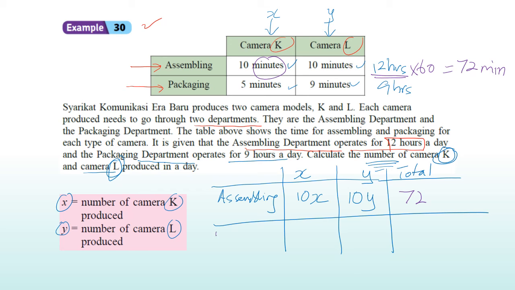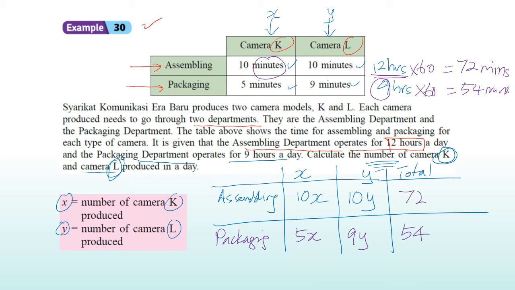And for packaging, you need 5 minutes, you times with X, and 9 minutes times with the number of camera L, that is 9Y. So the total time, once again, this is in hours, you change into minutes, it will be 540 minutes. So this is 540.